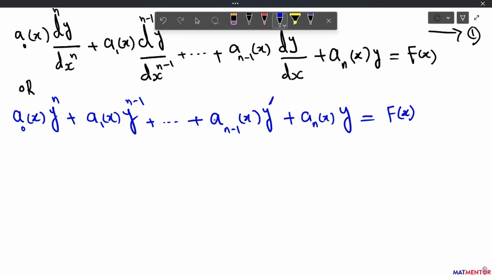So this is basically another way of representing derivative. For example, y^(n) is equal to d^n y over dx^n, meaning nth derivative of y with respect to x.